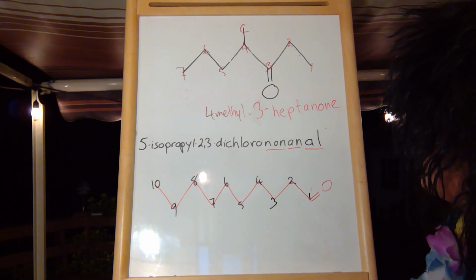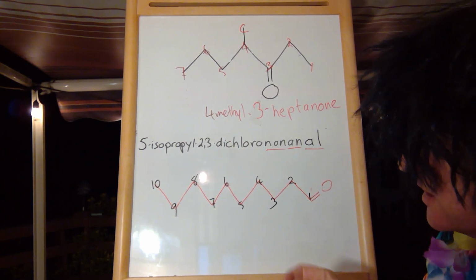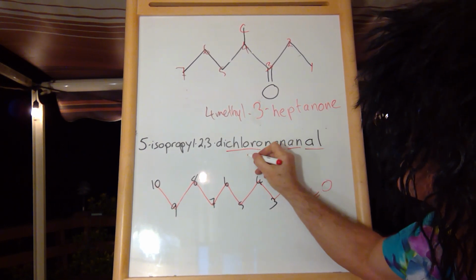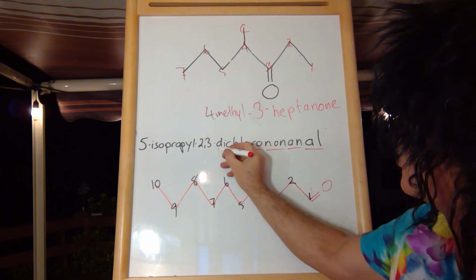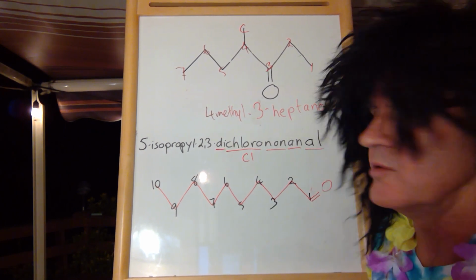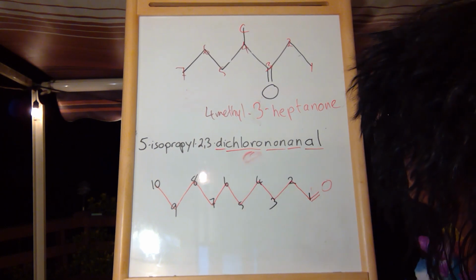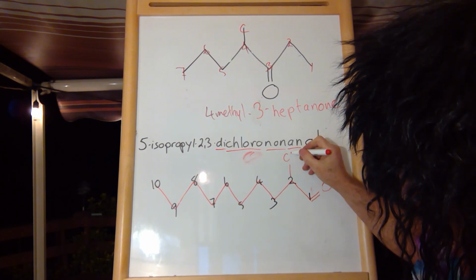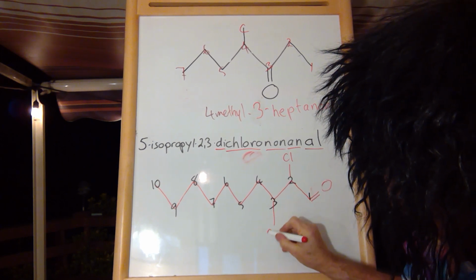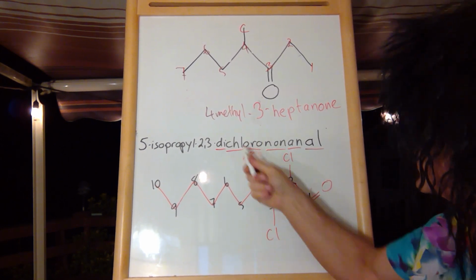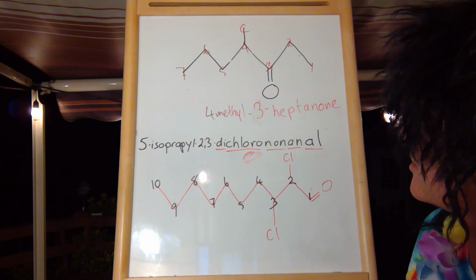And so now we have to look at the rest of this. Let's keep going backwards. Chloro, there's going to be a Cl attached to it somewhere. Or di, there's going to be 2 Cls attached to it. And where are they going to be attached? To the 2nd and 3rd. So here we go. There's a Cl. And there's a Cl. So dichloro, 2,3-dichloro.